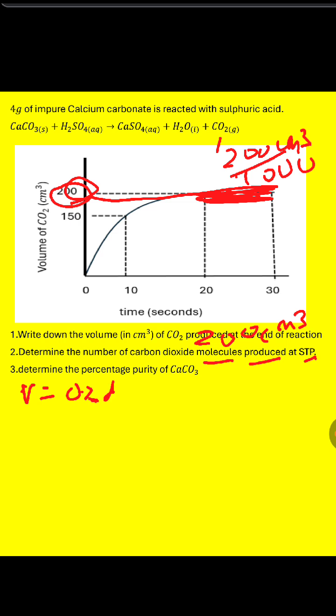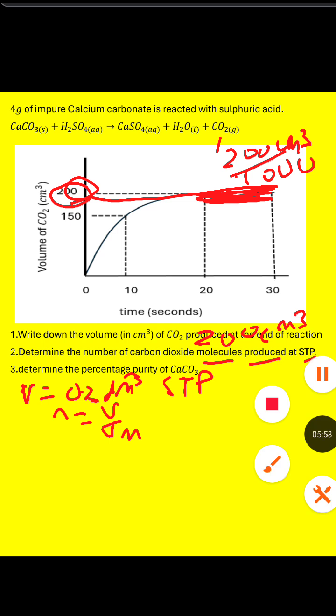It is 0.2 cubic decimeters. Now this volume of carbon dioxide is a volume at STP. It means now I'm going to use the formula that says n = V/Vm because of the word STP.